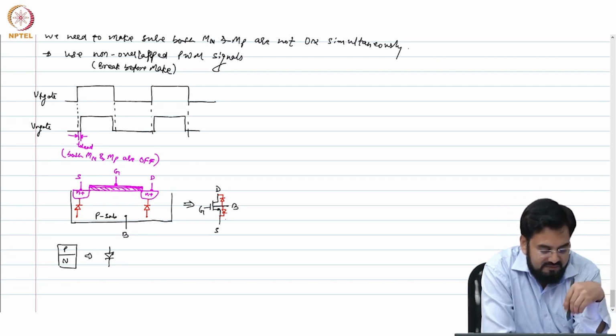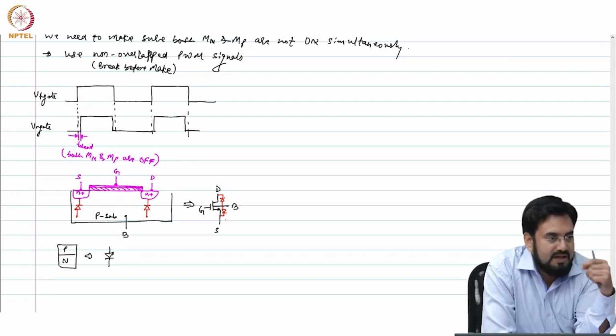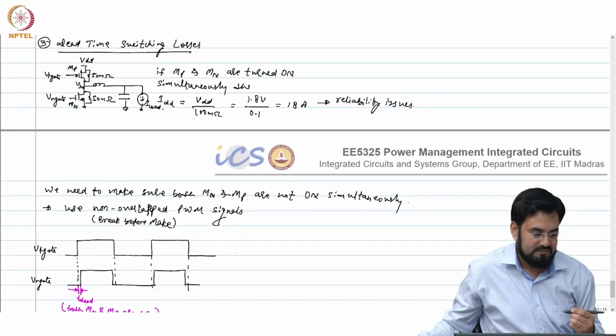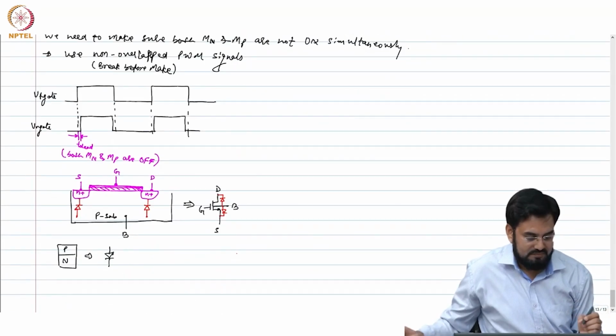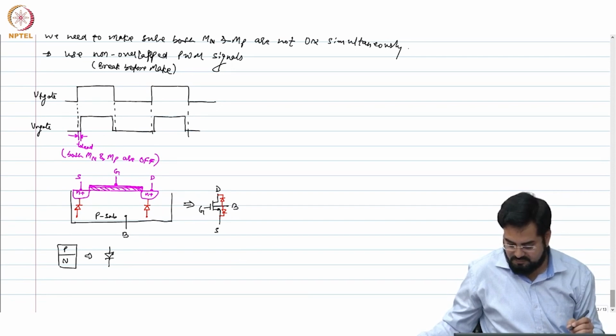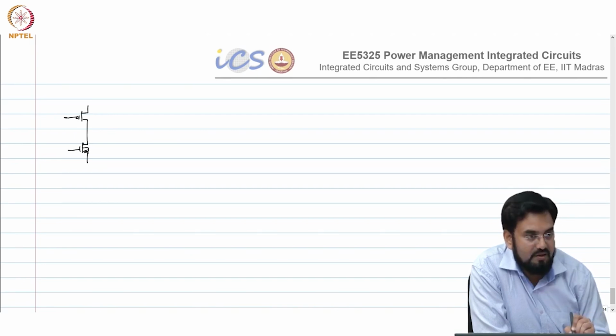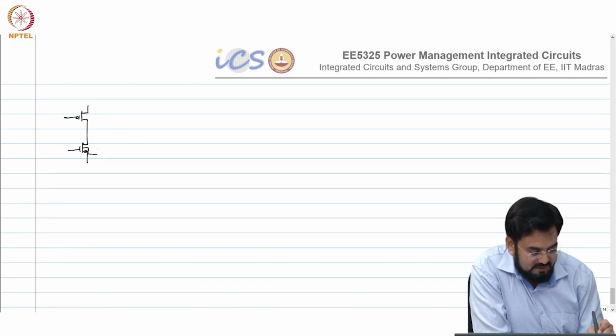So the diode left is bulk and drain. So what you have here, this is tied to ground, you will get a diode here.